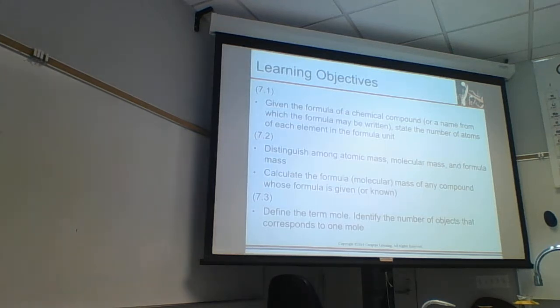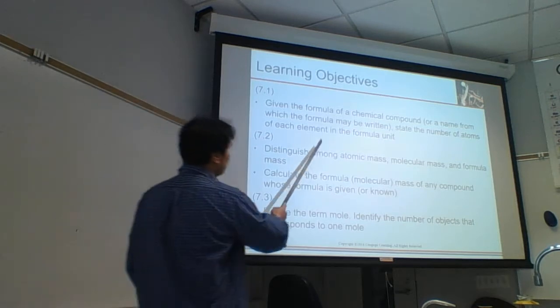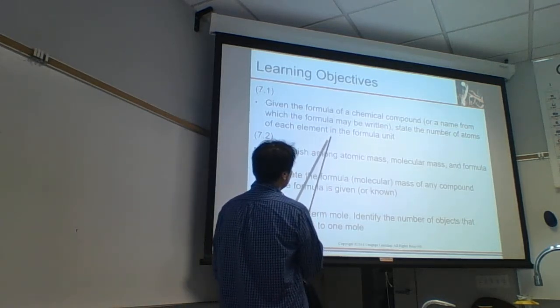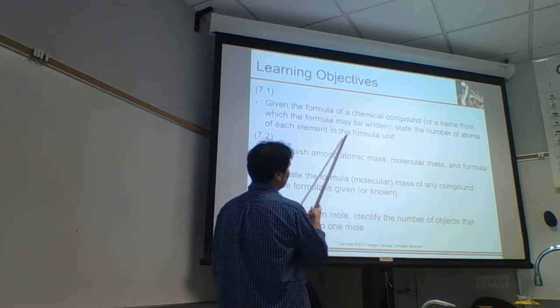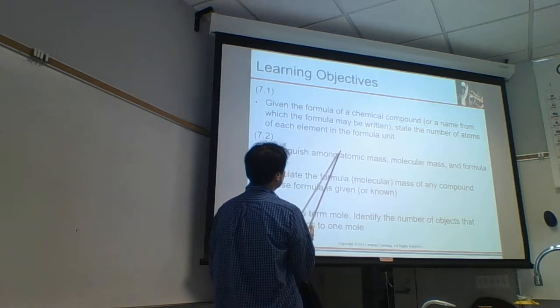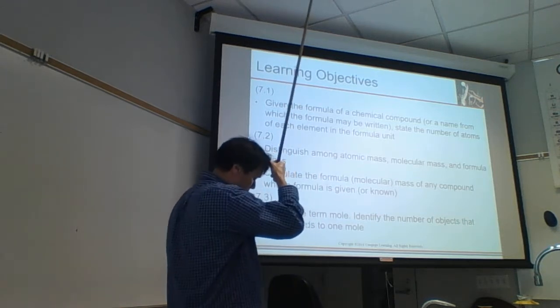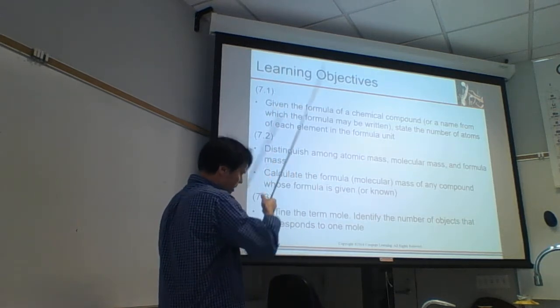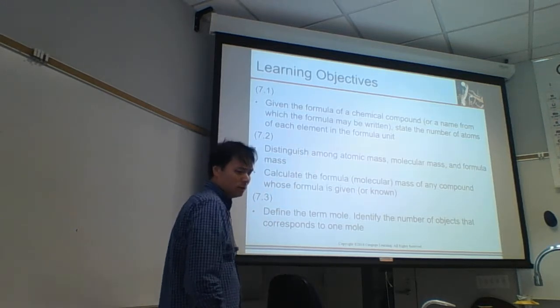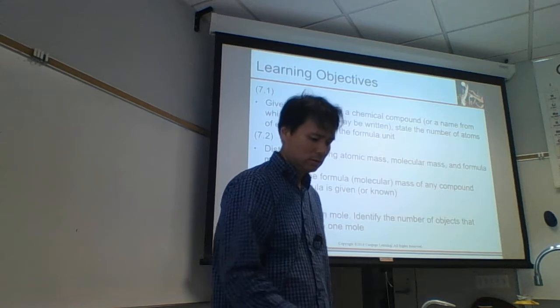Looking at the learning objectives: given the formula of a chemical compound or name, state the number of each element. In other words, can you write the formula? Actually, nomenclature is the last one. This is just figuring out how many atoms. For example, water. What's the formula for water?